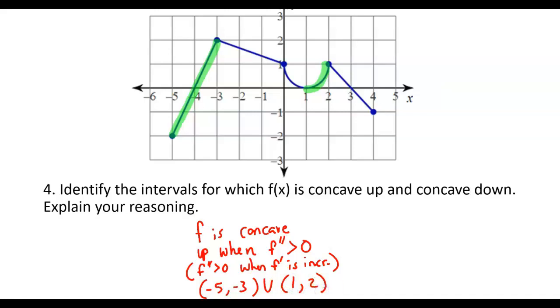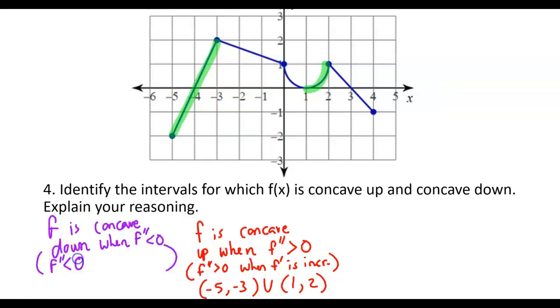Okay. We could do the same thing talking about concave down. So f is concave down when the second derivative is negative. And once again, you don't have to include this part in parentheses, but I'm going to write it just for clarity's sake.